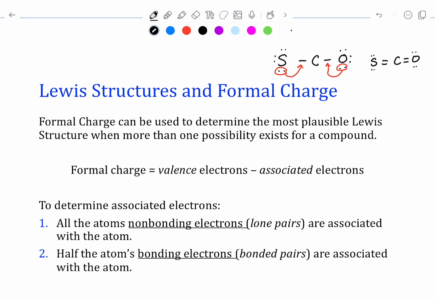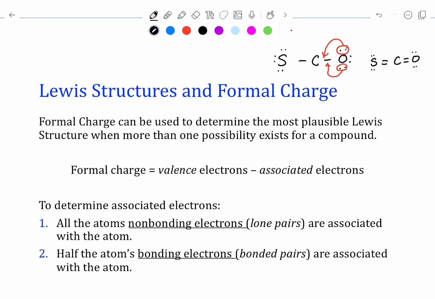Now what we could have done is, instead of taking one lone pair from the sulfur, we could have taken another lone pair from the oxygen and formed a triple bond.